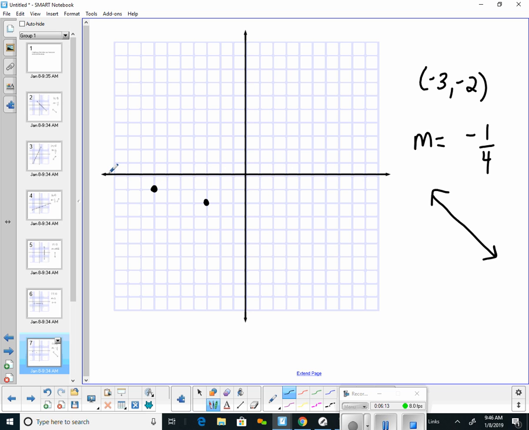Rise 1, run 4. I'm going to run out, so I'm going to come back. This time I'm going to drop and go to the right. And there would be my line for that.